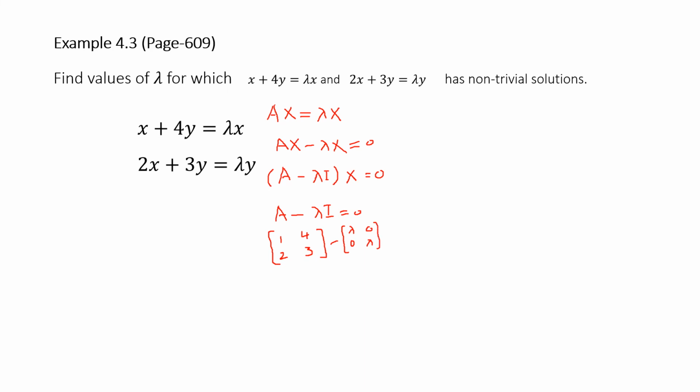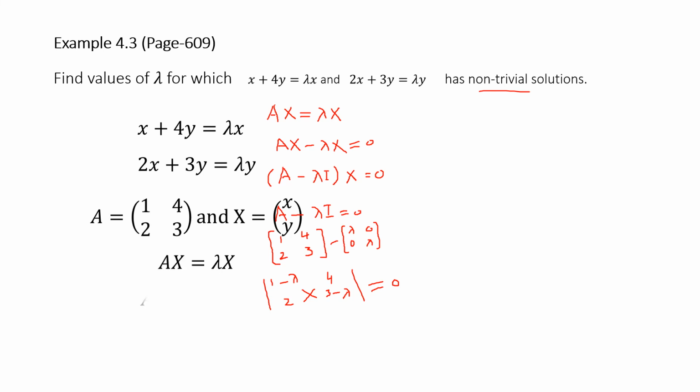It will come out as 1 minus lambda, 2 minus 0 is 2, 4 minus 0 is 4, and 3 minus lambda. For non-trivial, this determinant will be equal to 0. This is the condition for a non-trivial solution, multiplying these two and then solving. So let's see my neat and clean work, and I hope we will be clear enough.